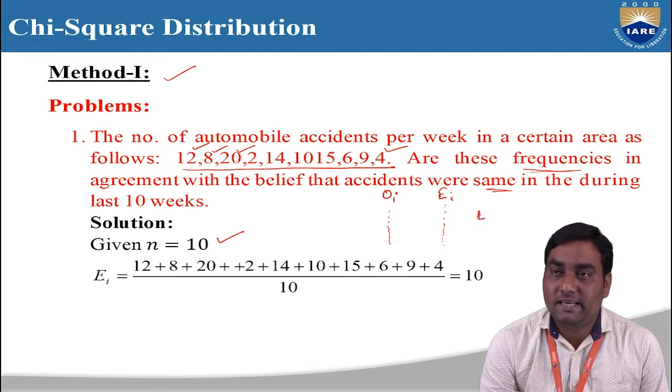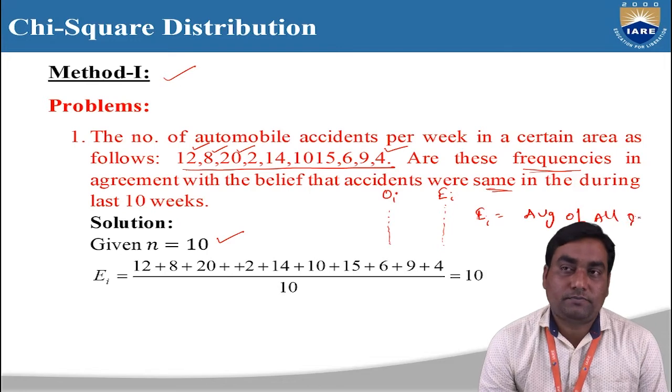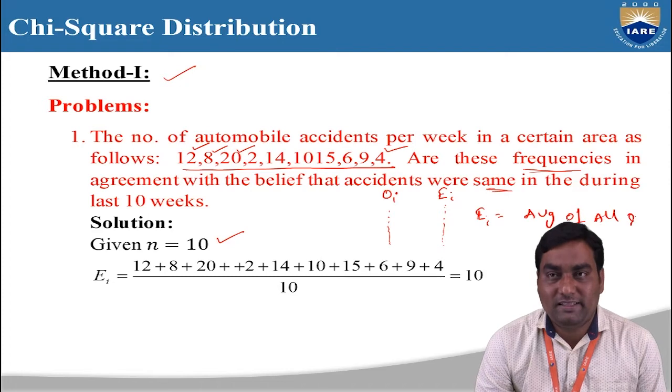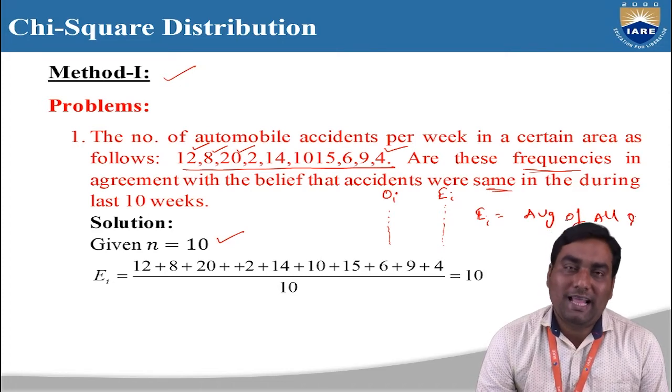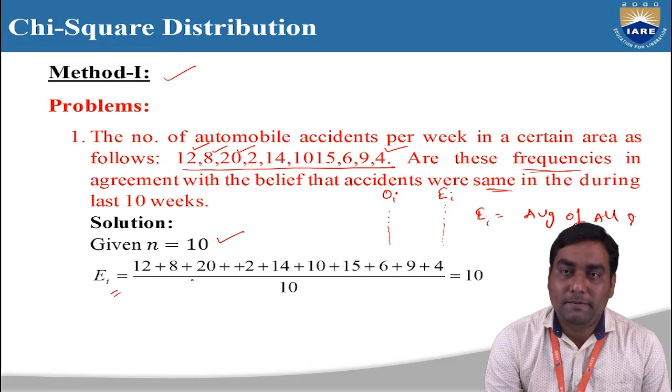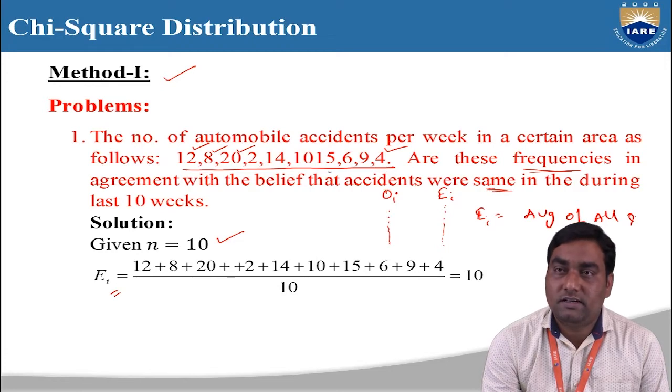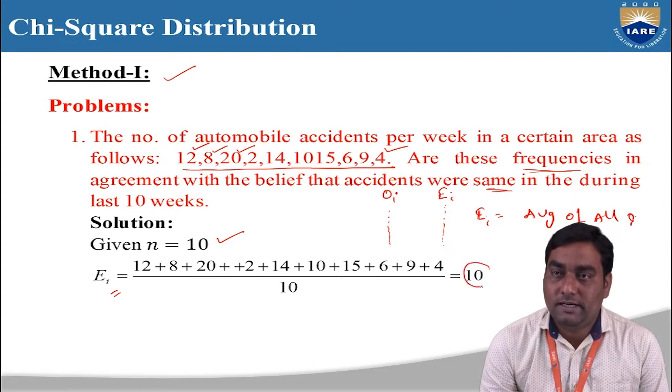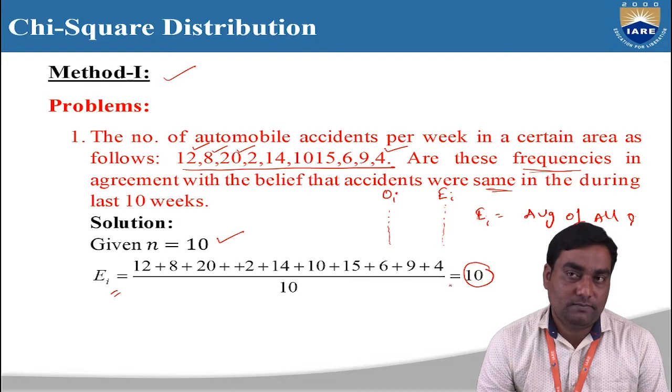Expected frequency means just the average of all observed frequencies. So Ei is the average of the 10 observed frequencies: 12 plus 8 plus 20 plus 2 and so on, plus 4, by 10. So we got it. Expected frequency is 10.